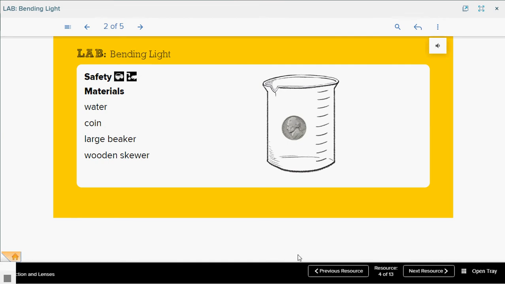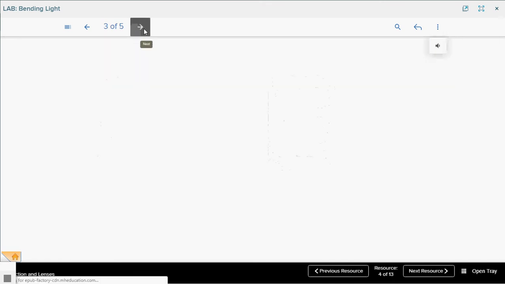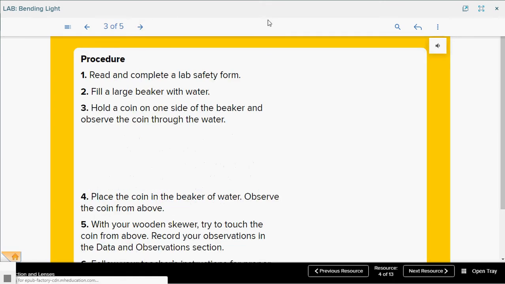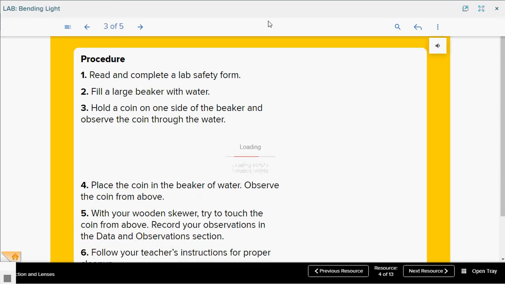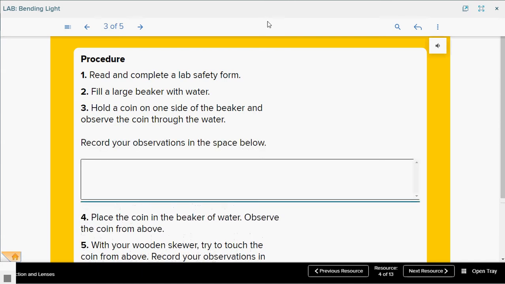Get this coin, the beaker containing water, and a wooden skewer. Read and complete a lab safety form. Fill a large beaker with water. Hold a coin on one side of the beaker and observe the coin through the water. Okay, what happens?